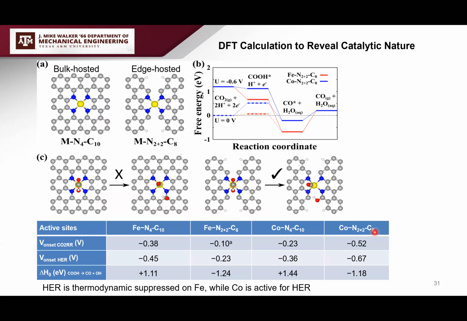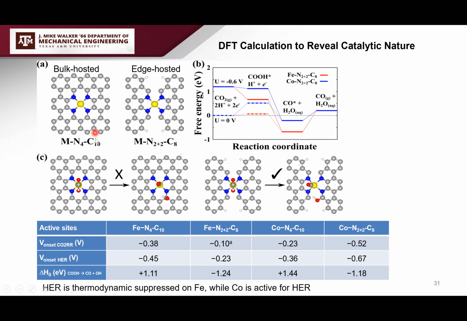Okay. We also had some collaborators working on DFT calculations to review the catalytic nature of this catalyst. We found, interestingly, that the edge-hosted metal-nitrogen-carbon species is more active than the bulk-hosted configuration.